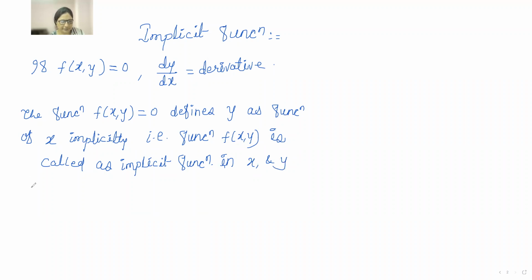If f of xy is equal to 0, consider it as, I am taking this function as w, which implies f of xy is equal to 0, and apply the chain rule by treating this w as a function of x and y, and putting it equal to 0.